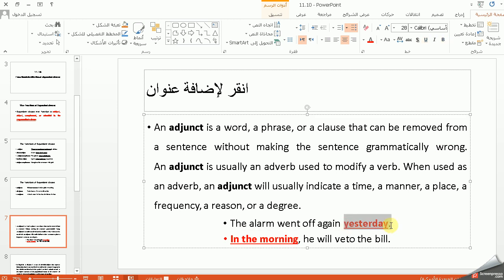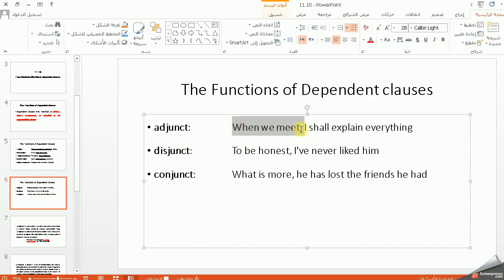If you remove this part or this part, the sentence will remain grammatically correct. So if we remove this, when we met, I shall explain everything, this is the adjunct of the sentence that can be removed without any difference in meaning or at least grammatically.